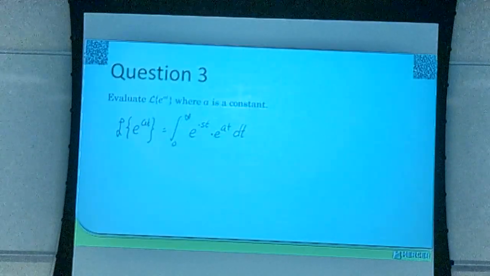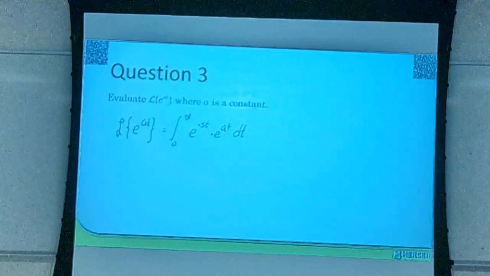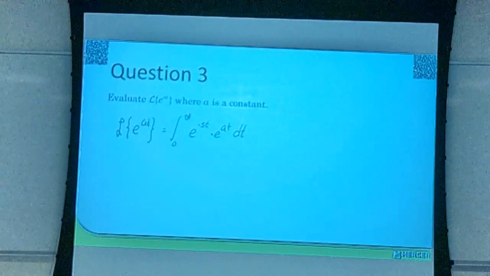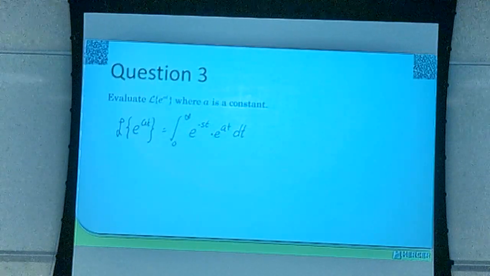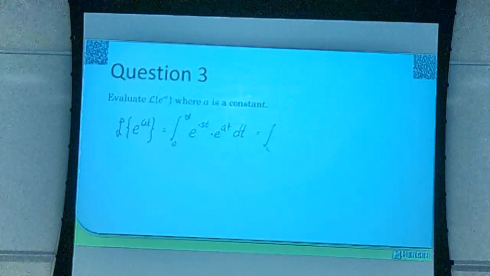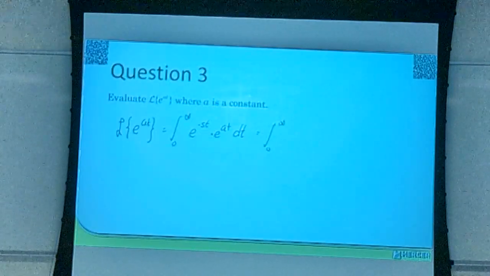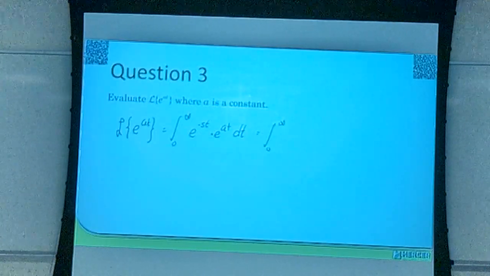Integral 0 to infinity, e to the negative st times e to the at. a is a constant. Well, can't you write that as this?